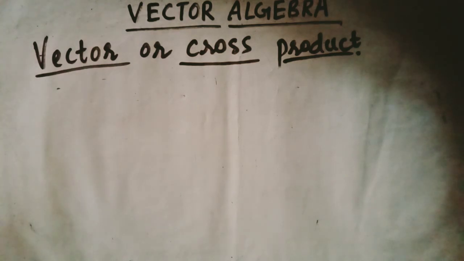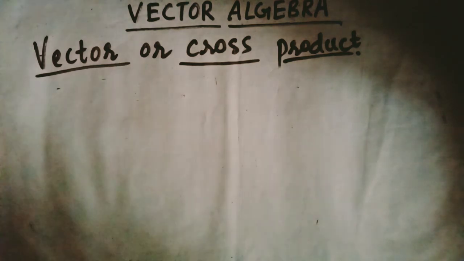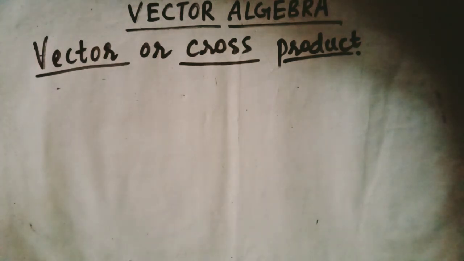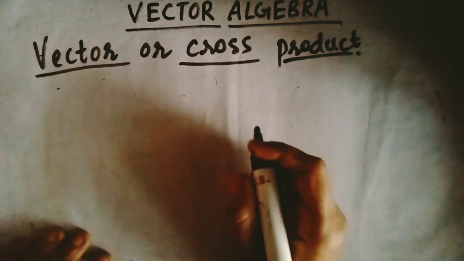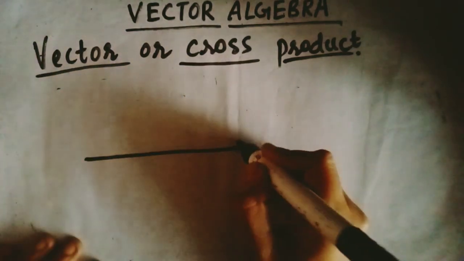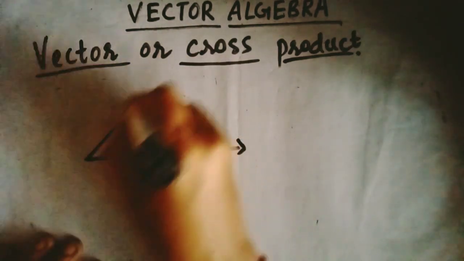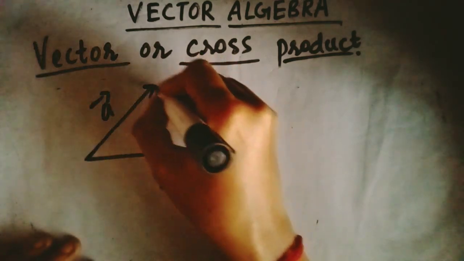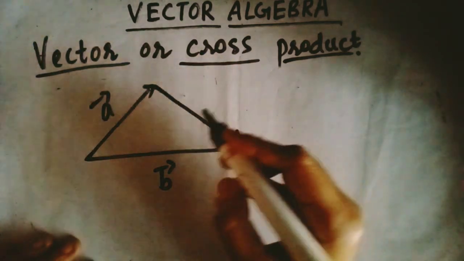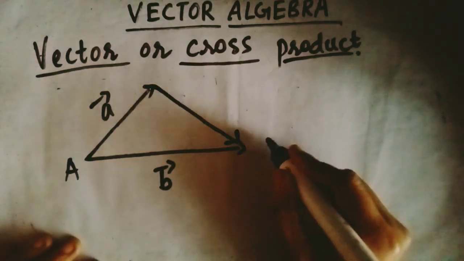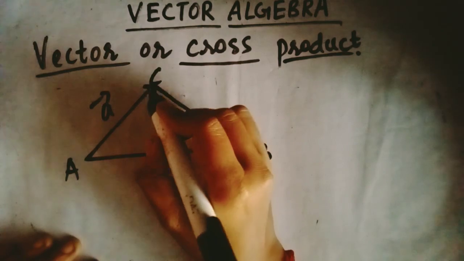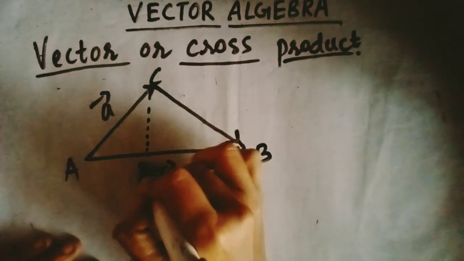Here we have two formulas, that is area of triangle and area of parallelogram, and they are defined in terms of vector product, or cross product. So if you have say two vectors A and B, there is a perpendicular drawn.